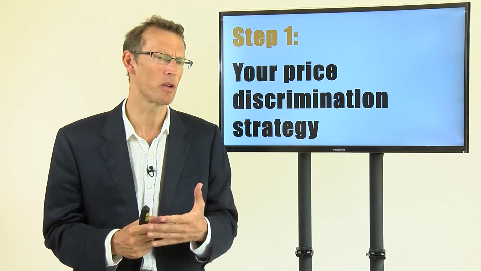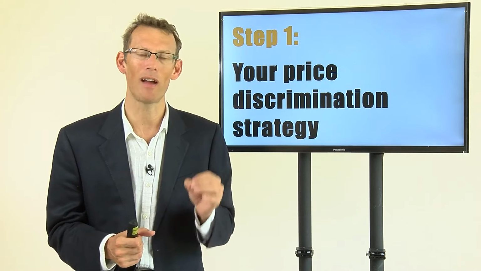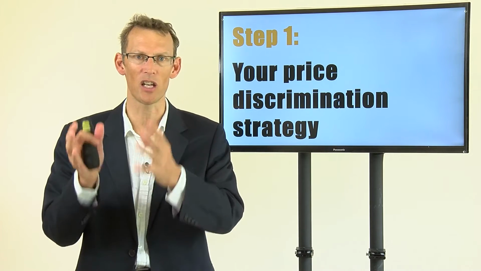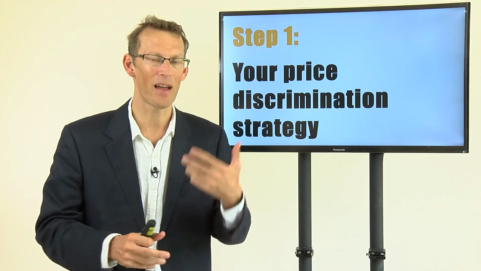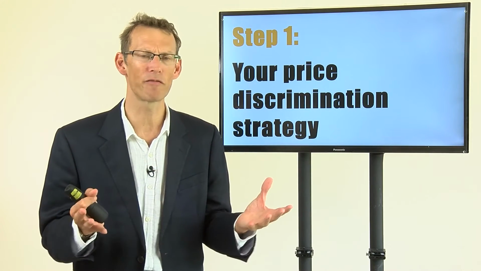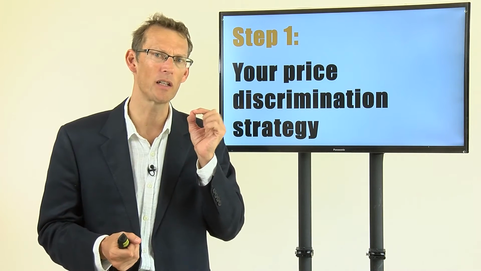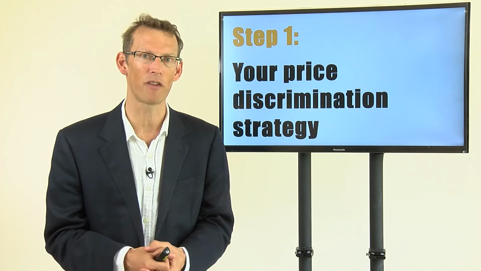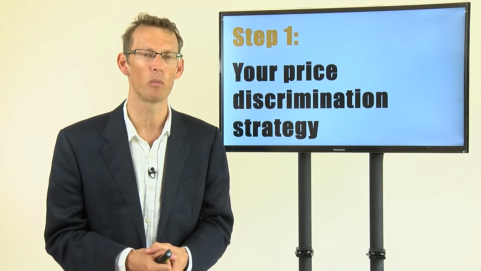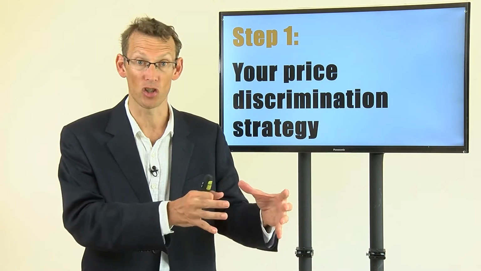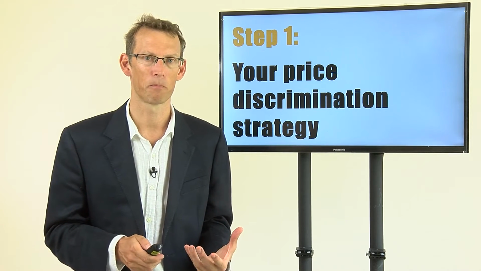So given that everybody values things differently, we cannot have a single price. We have to find a way of pricing each person separately. And that's exactly what step 1 is all about. Many different ways we can do this. The one that I think is the most powerful and the most easy to understand in the accounting profession is what I call menu pricing, giving people a choice of different packages or different options.